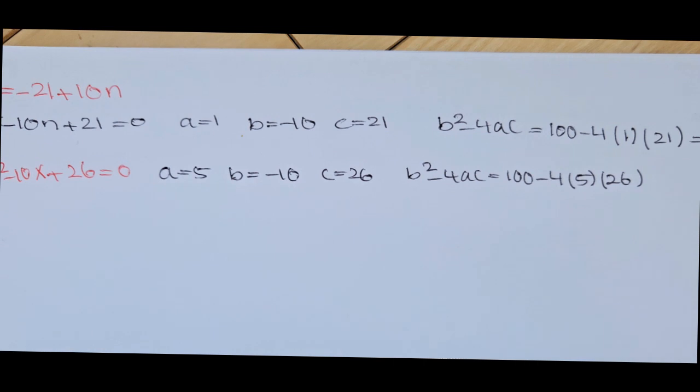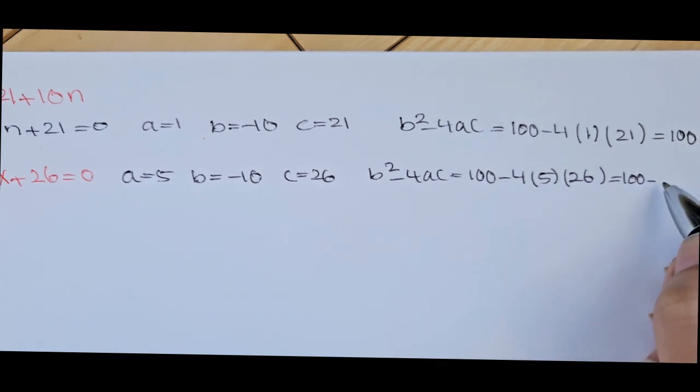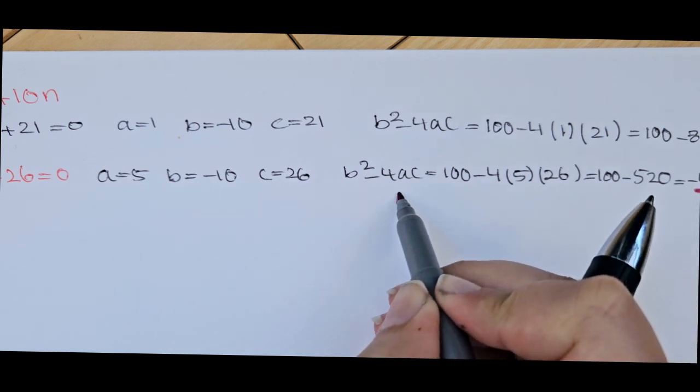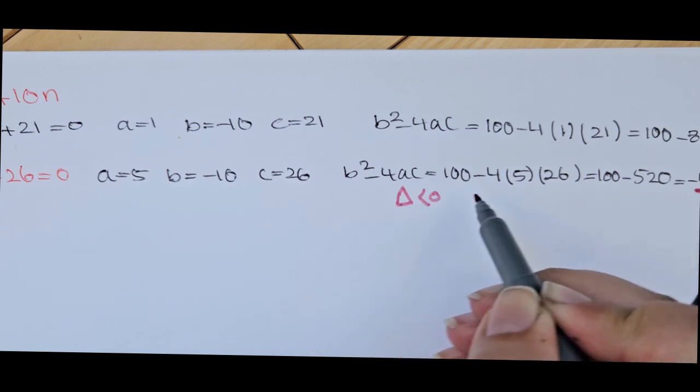So 100 minus 4 times 5 is 20, oh, here it's 100 minus 520. So the discriminant value is negative 420. I want you to pay attention to this negative value. So your discriminant is less than 0.